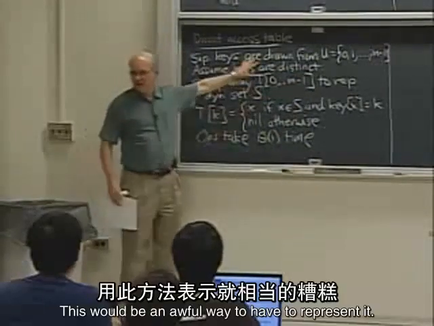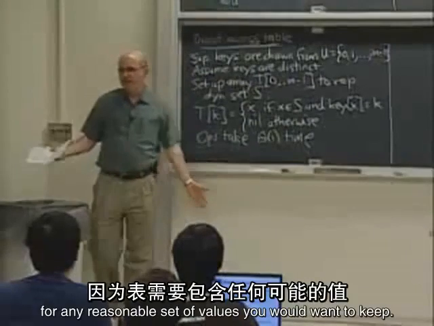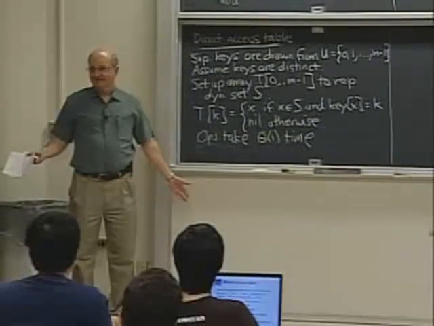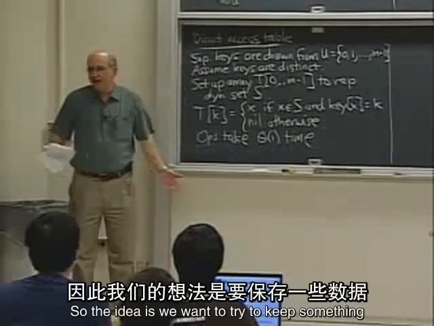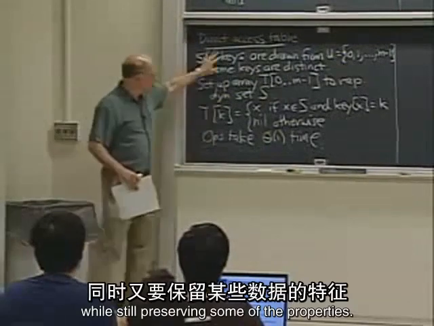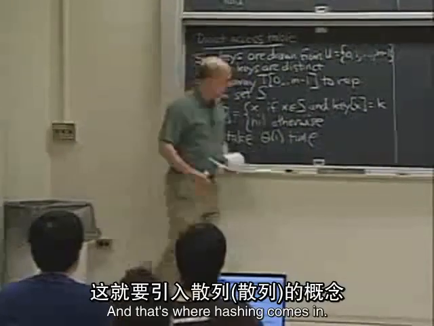This would be an awful way to represent it, because most of the table would be empty for any reasonable set of values you would want to keep. So the idea is we want to keep the table small while still preserving some of the properties. And that's where hashing comes in.